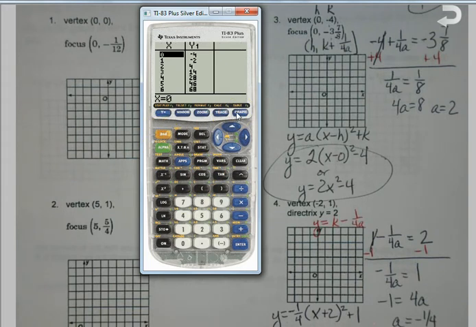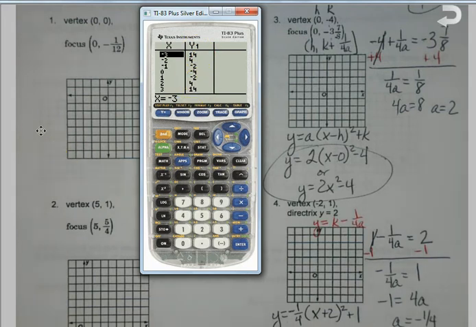And then I go to second table, and I'm like, okay, if I've done this correctly, my vertex should be 0, -4. Okay, there it is. And I see the symmetry that's happening around it.